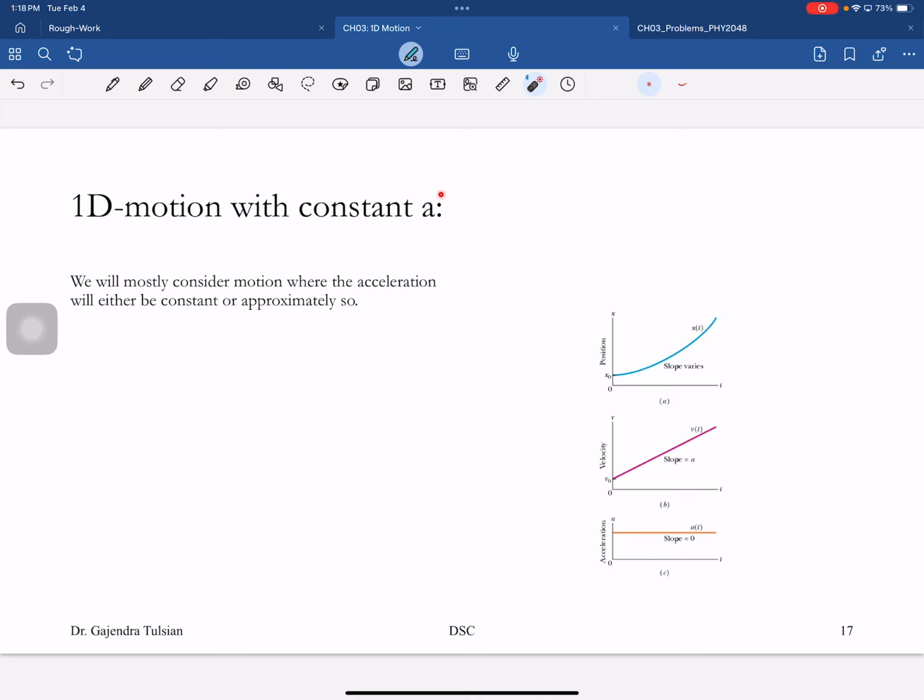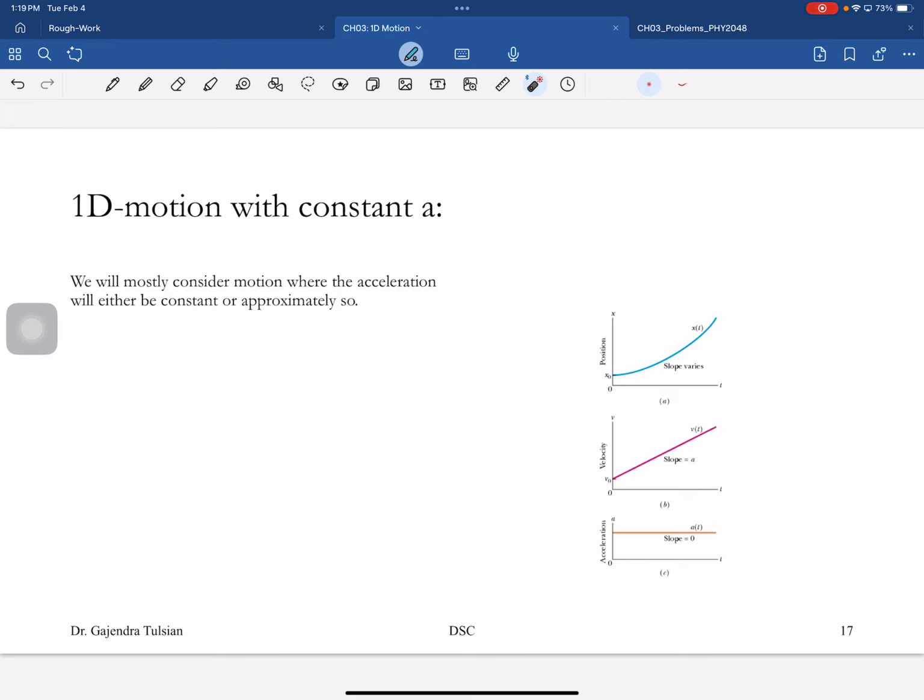So here is a very special motion that's dear to us. We'll do a lot of problems where the acceleration is constant. And it turns out this is the only example you encounter. Well, this and related examples. But a freely falling object has an acceleration of 9.8 meters per second squared.